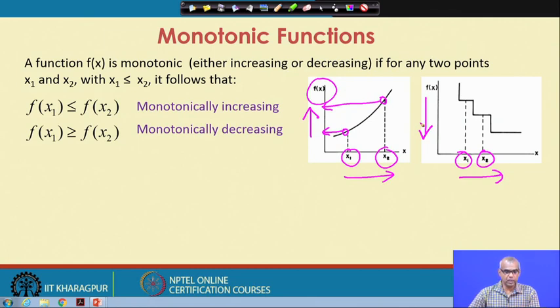In case of a monotonically decreasing function, as I increase the independent variable x, the function value keeps on decreasing. It may remain constant. So, that is why less or equal to or greater or equal to.